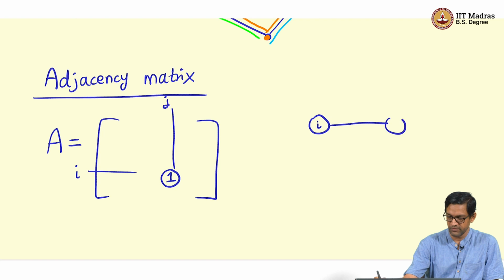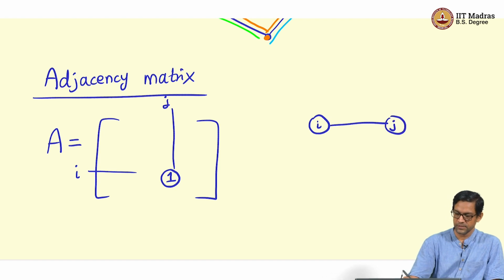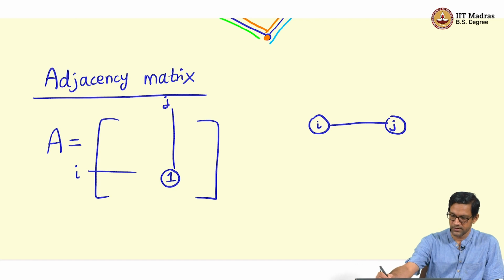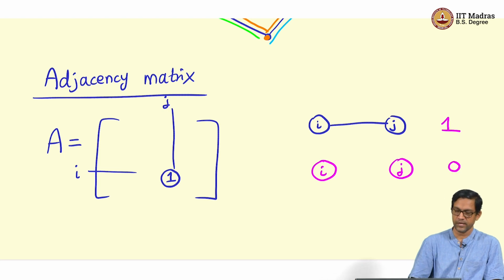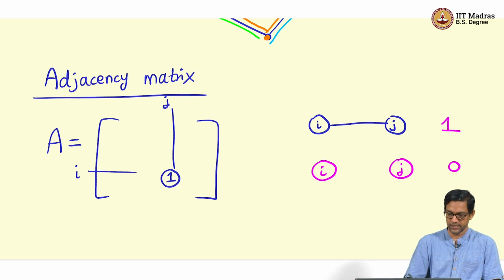If there is an edge between them in the graph, then you put a 1 there, else you put a 0. Okay, so that was the adjacency matrix. So, in this case you will put a 1, and if these vertices numbered i and j do not have an edge between them, you will put a 0 in the corresponding location in the adjacency matrix.